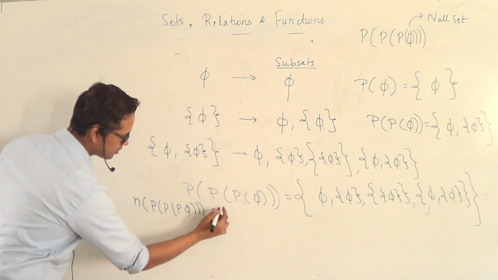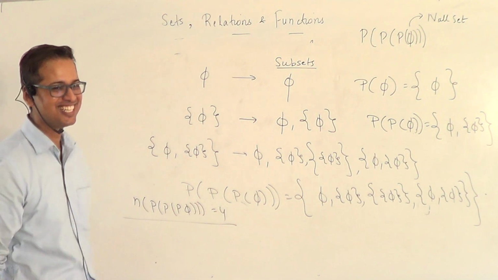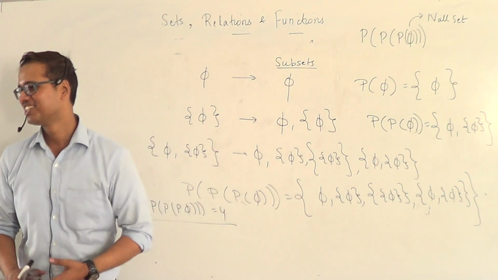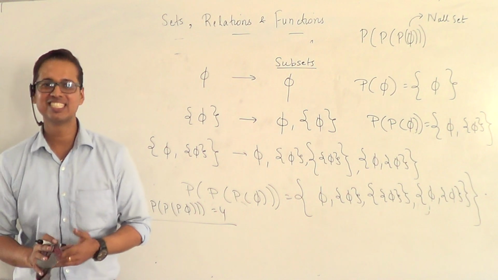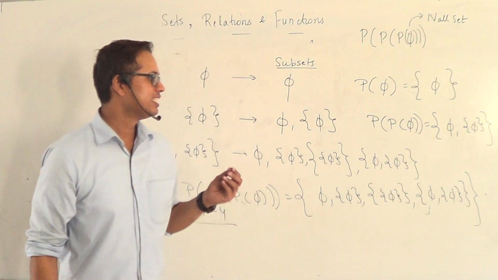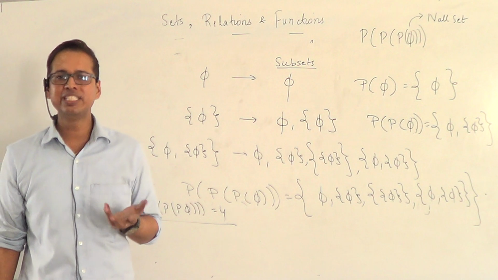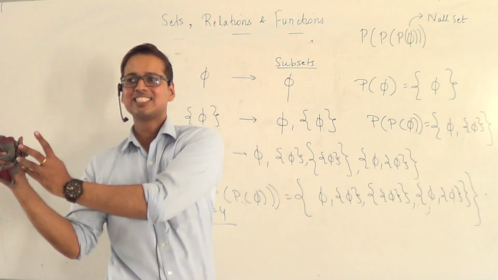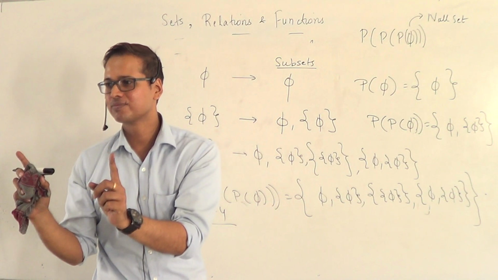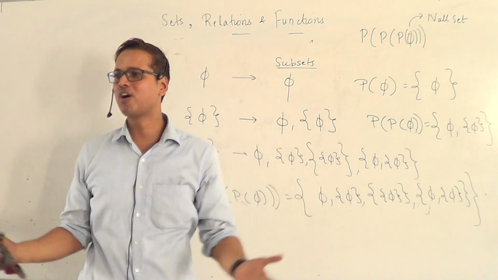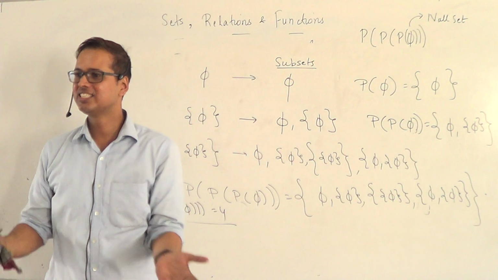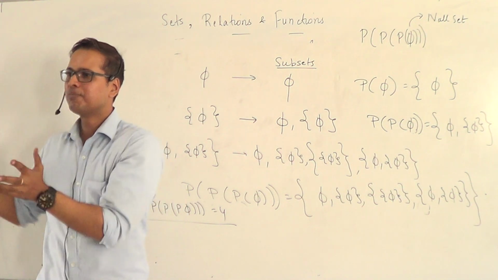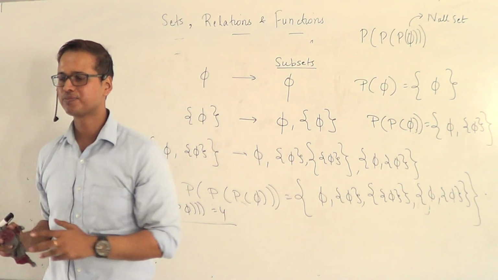Okay. What's the power set of this? Understood? This example was actually my means to tell you that a set with a null set and a null set are not the same. An empty box is different from a cupboard containing an empty box.